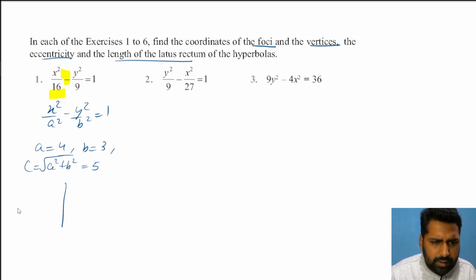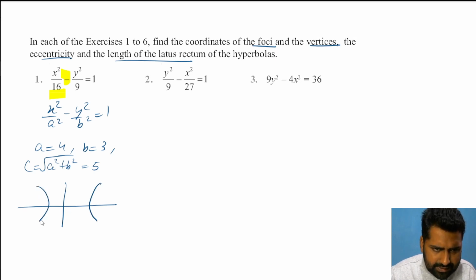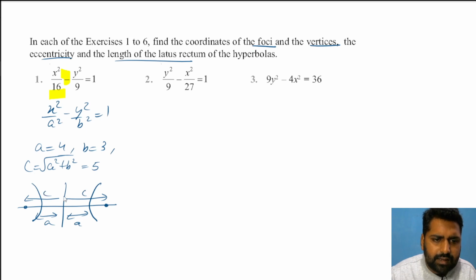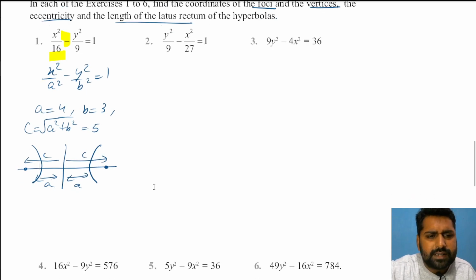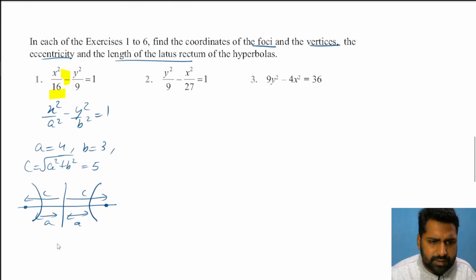Again, I'm going to draw it slightly to help you understand. First x is written, so that means the hyperbola is on the x-axis like this. Just draw like this, symmetric. This distance is A, and the focus is inside the hyperbola, at a distance C. This is important so that you can understand the coordinates of the focus and vertices.